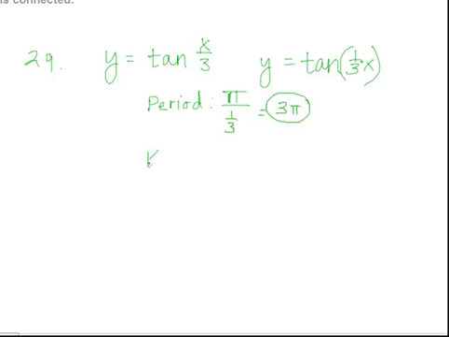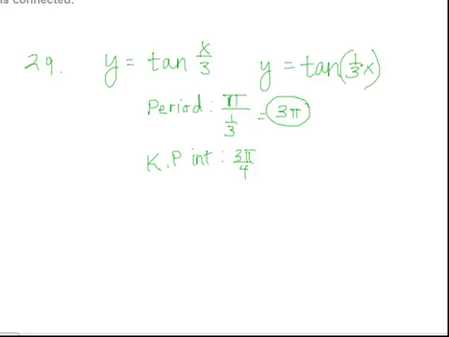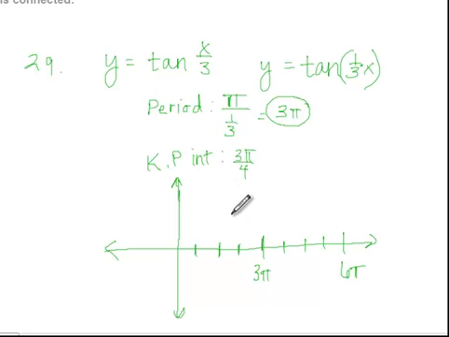Key point intervals, or key points, are going to be this quartered, so 3 pi divided by 4. And that. I don't have anything else going on with this, so I'm going to just graph it. I'm going to do 2 full periods, so I'm going to put this as my 3 pi in order to get 2 periods going on here.